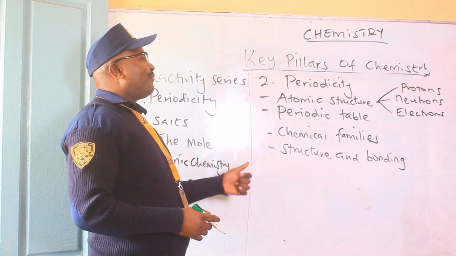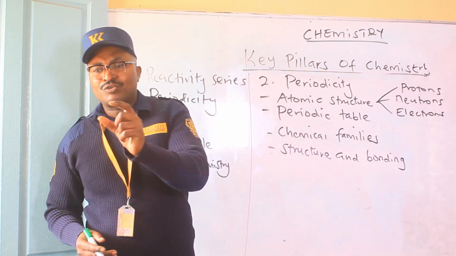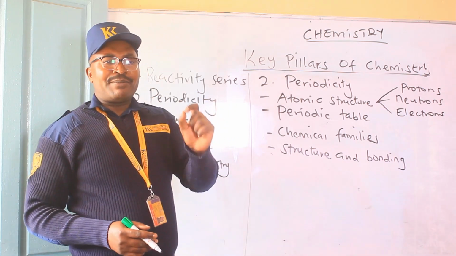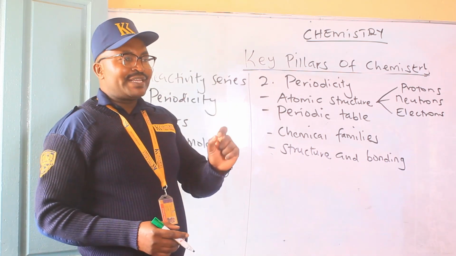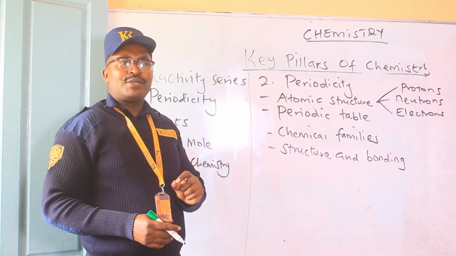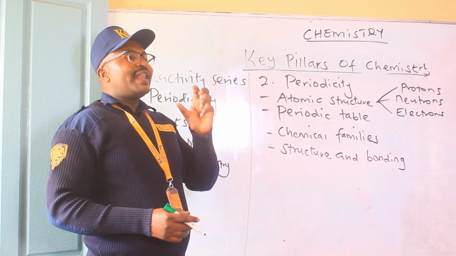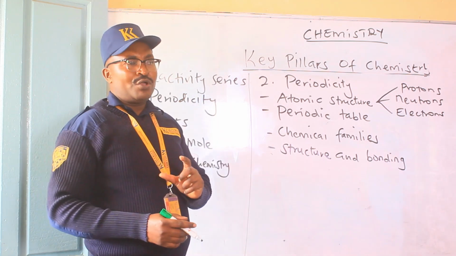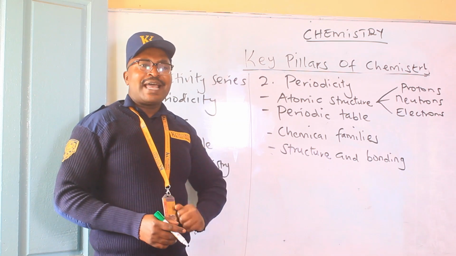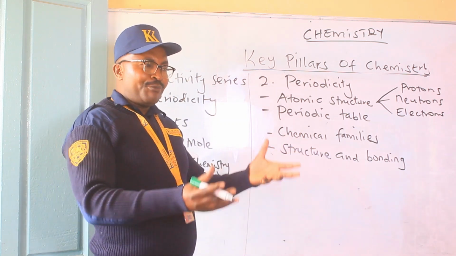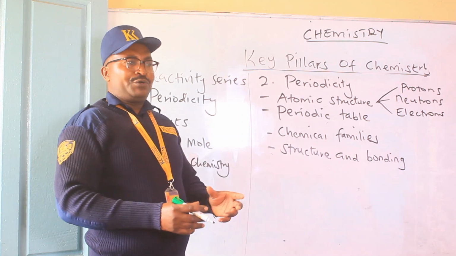Then the chemical formula. If you are given 2 elements, can you write the chemical formula using their valencies? Besides that, you should know the radicals. You list them and know their valencies also, because you can be given an element and a radical, and then you are told to write the chemical formula of that compound.